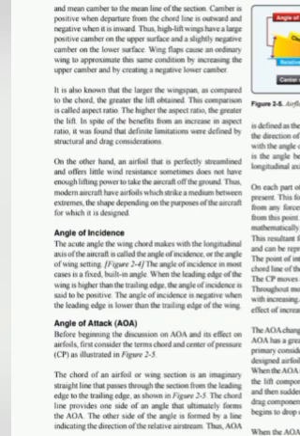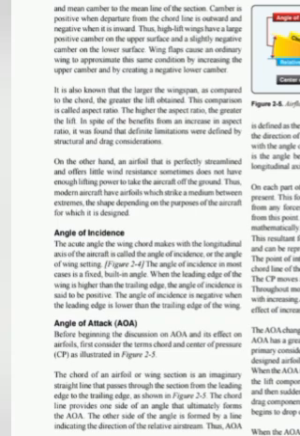On the other hand, an airfoil that is perfectly streamlined and offers little wind resistance sometimes does not have enough lifting power to take the aircraft off the ground. Thus, modern aircraft have airfoils which strike a medium between extremes, the shape depending on the purposes of the aircraft for which it is designed.